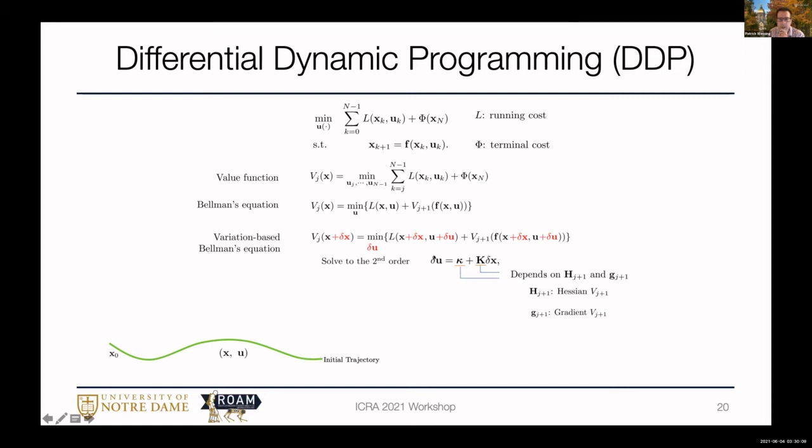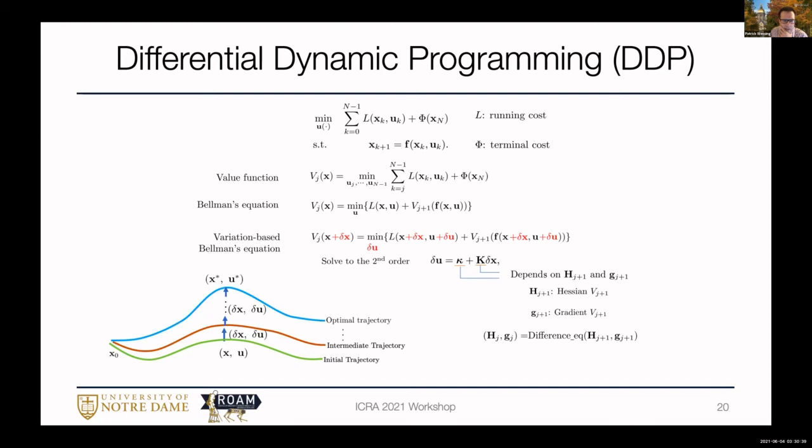By taking this feedback law and plugging it back in, you can come up with a difference equation that relates an approximation of the optimal cost to go at time step j+1 to an approximation of it at the previous time step. So this explains the name, differential dynamic programming. Rather than solving dynamic programming everywhere, it's just looking differentially around a nominal trajectory. We can use that to improve the trajectory and repeat this process until we arrive at something optimal.